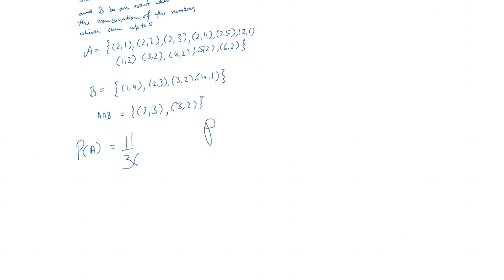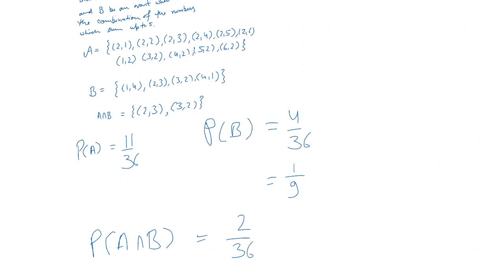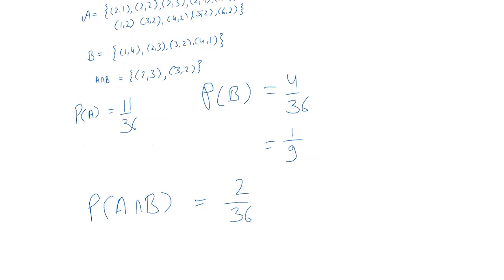And P(B) is 4 by 36, or 1 by 9. P(A intersection B) is 2 upon 36, or we can say 1 upon 18. To do simple calculation, we can keep them as they are, because the denominator is 36 everywhere. So we can keep as such.